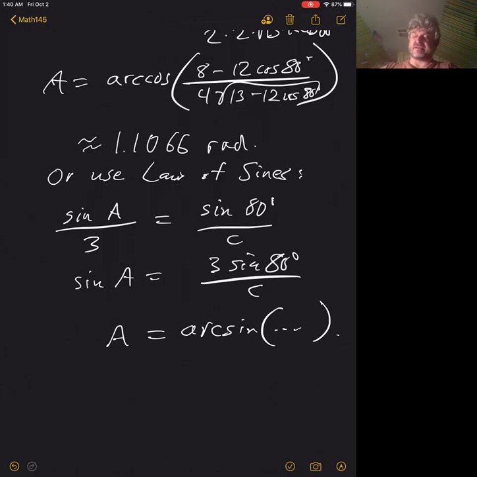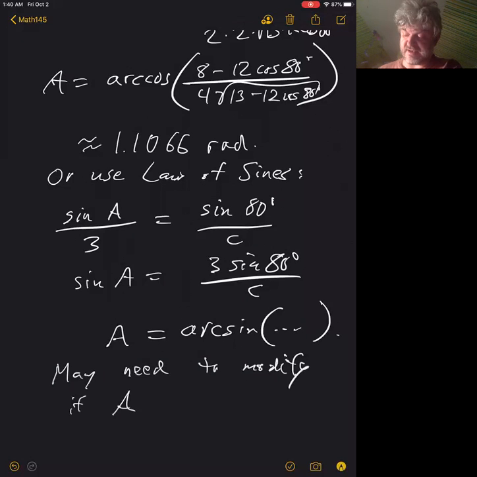How could we tell? Can't tell just looking at the sine function. So one thing is this rule that I talked about last time, that bigger angles correspond to bigger sides opposite them. So if you have an angle which is bigger than 90, it will be opposite the longest side in the triangle. And to write this down, we may need to modify this if A is greater than 90 degrees.